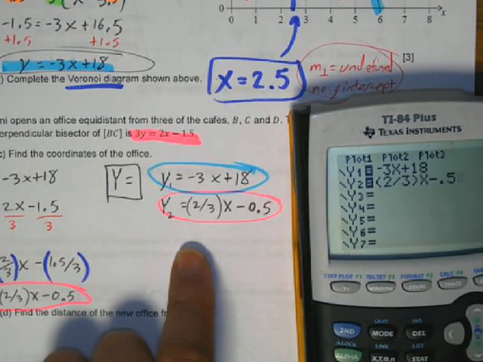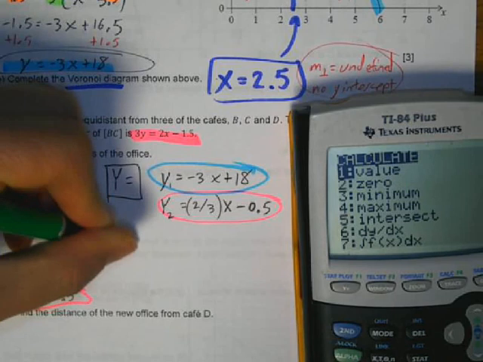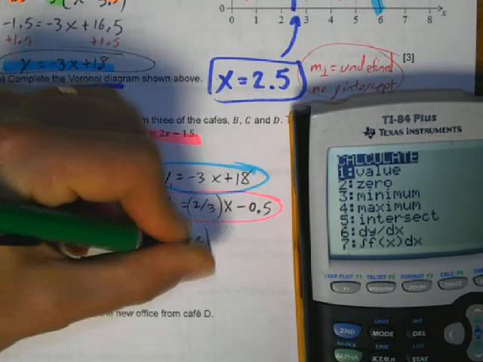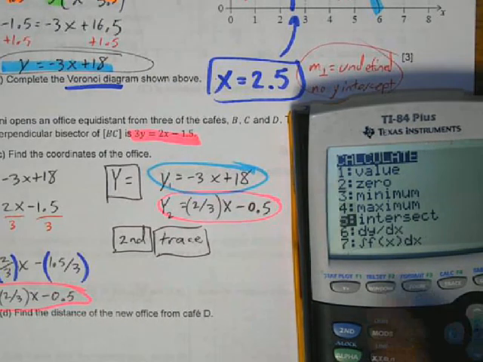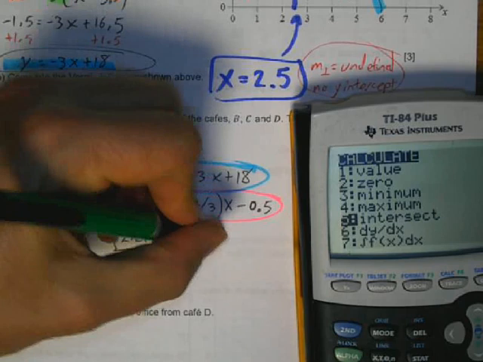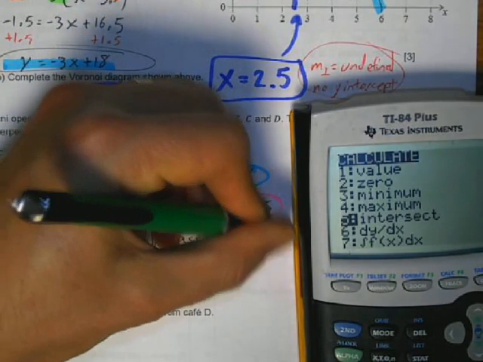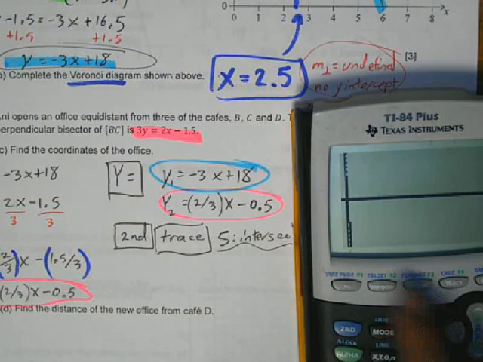And now I'm going to hit second and trace, and then I'm going to hit 5 for intersect. Oh, I need to change my window.